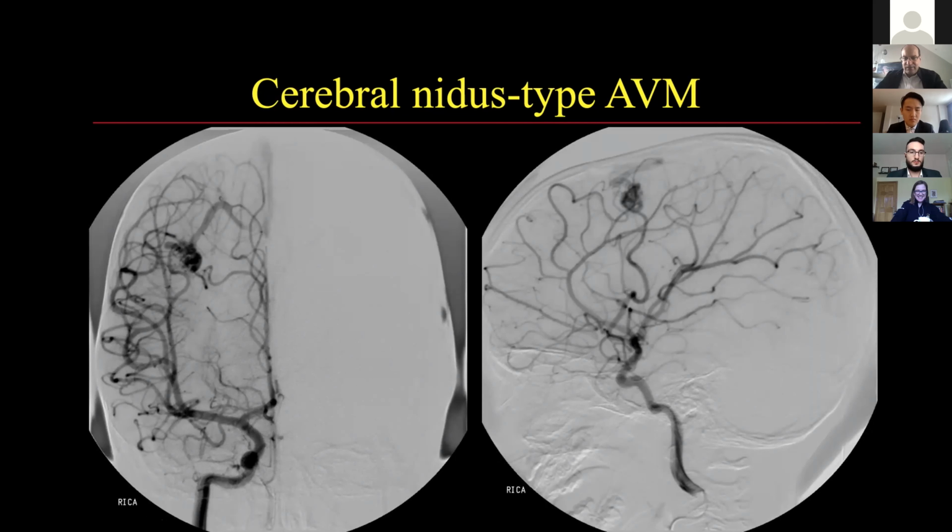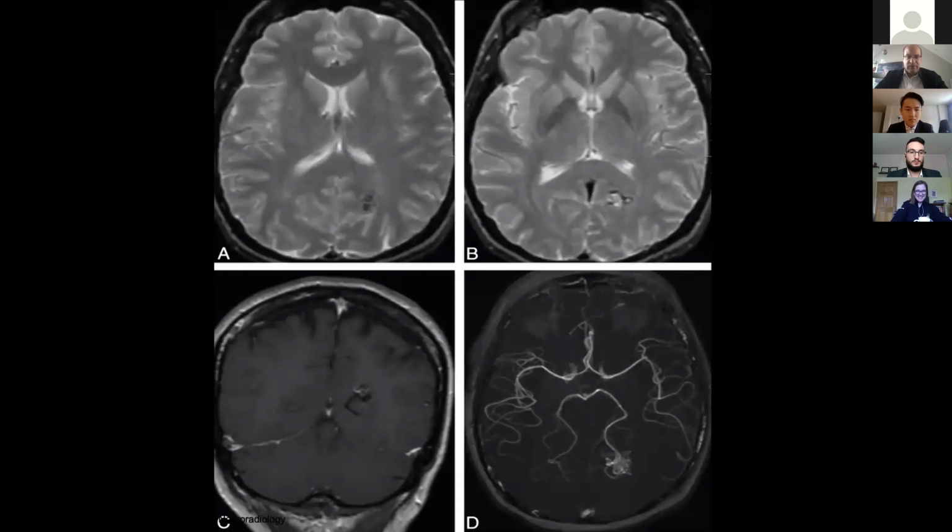However, this depends on where the AVM is. If the AVM is located deep in the brain, then it may be difficult for the surgeon, the open surgeon, to find the AVM. And in these cases, an endovascular approach is a possibility. The third treatment option for these AVMs is that you perform radiosurgery, such as is called gamma knife.